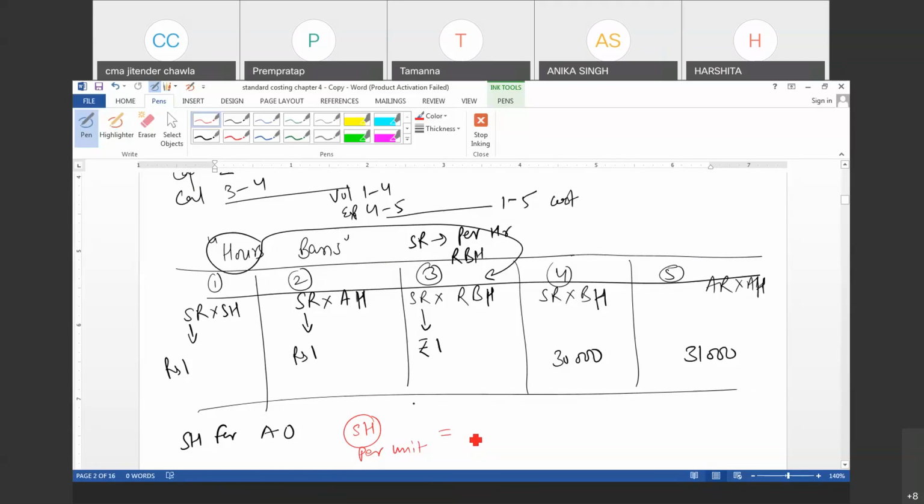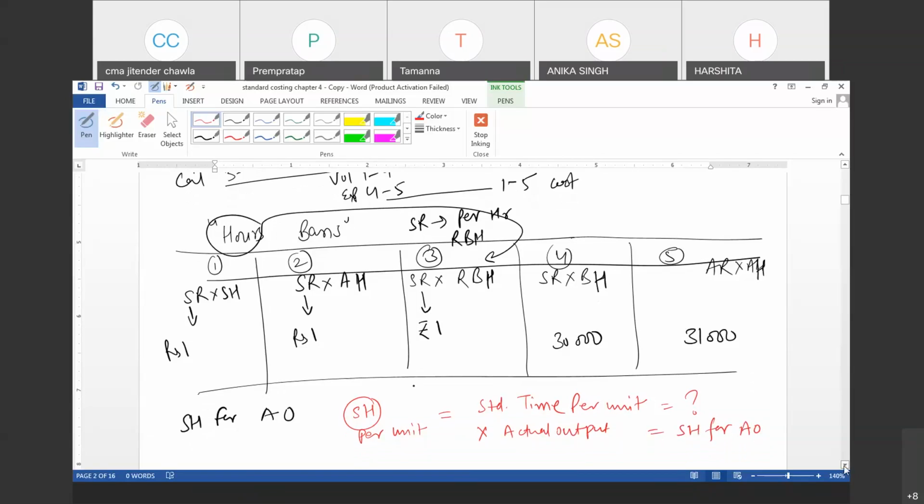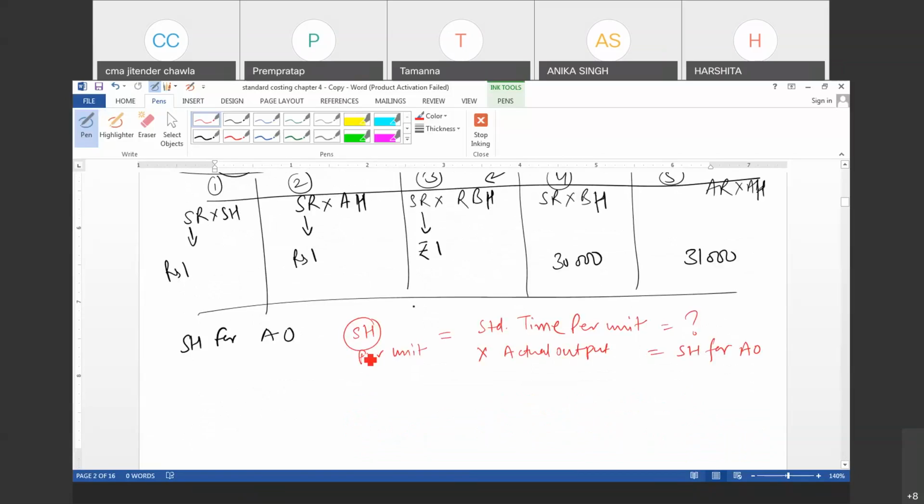Then we go for the hourly calculation. Standard time per unit. I want to know what is standard time per unit. If I multiply it with actual output, this will be my standard hours for actual output. Am I right? This one concept is clear, कि मैं क्या करने वाला हूँ?